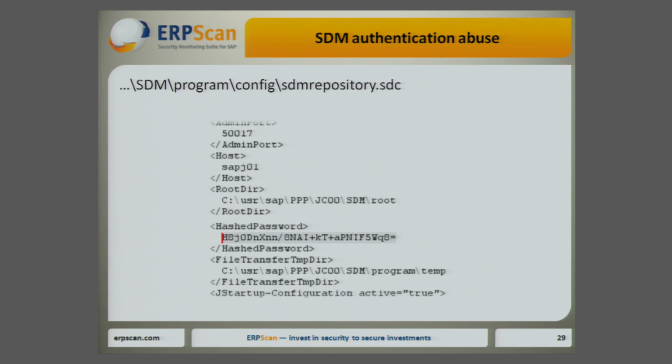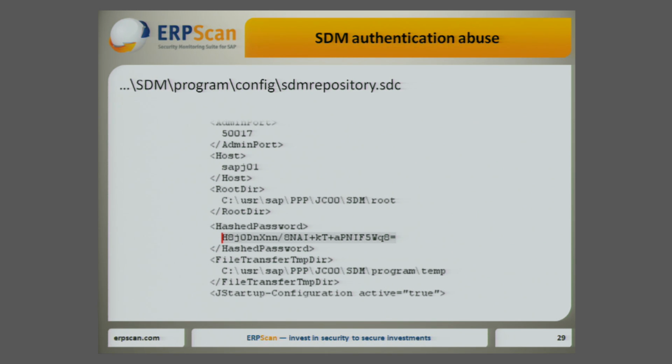And after some experiments, we found that SDM stores the user password hash in the config file sdmrepository.sdc. For an attacker, there are 2 ways to get this hash: directly on the operating system, or, the more interesting way, SAP is a complex system that at any moment usually has some vulnerability which allows us to read system files.